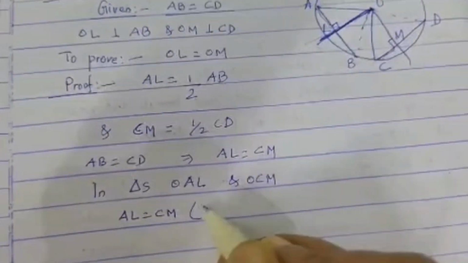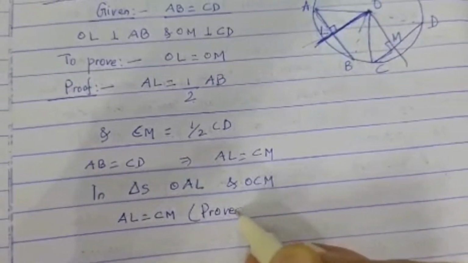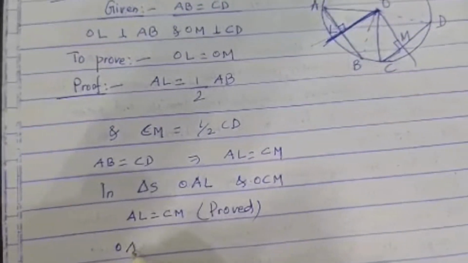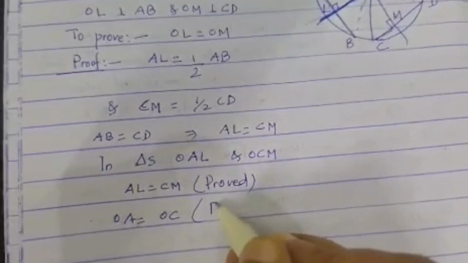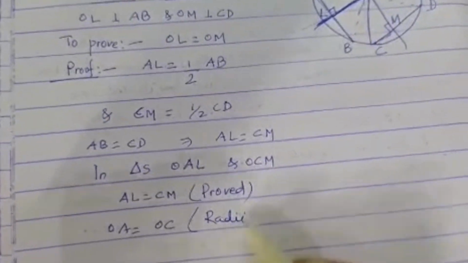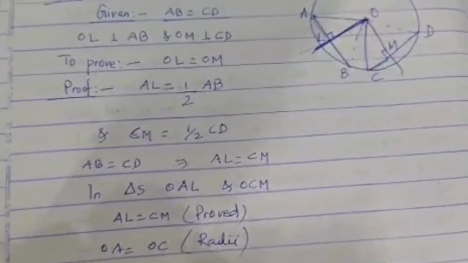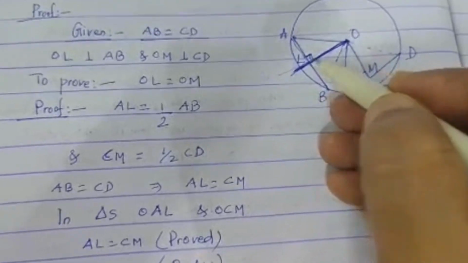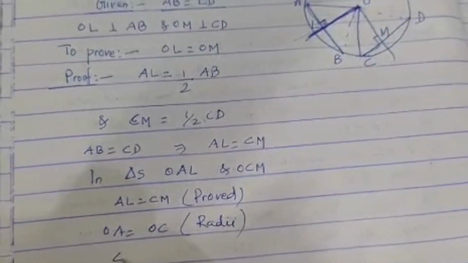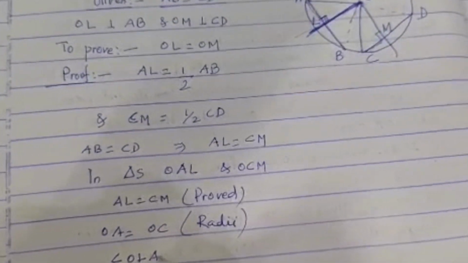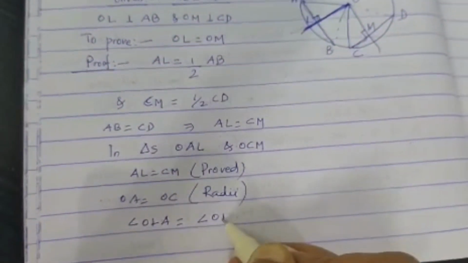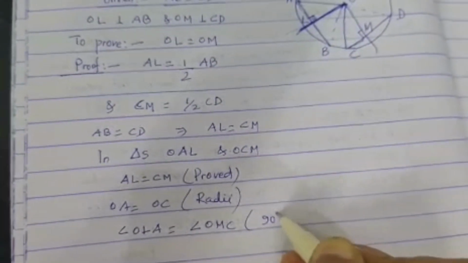This has been proved here. We have OA equal to OC. This is the radii. And the third one is the angle 90 degree. Angle OLA equal to angle OMC, 90 degree.